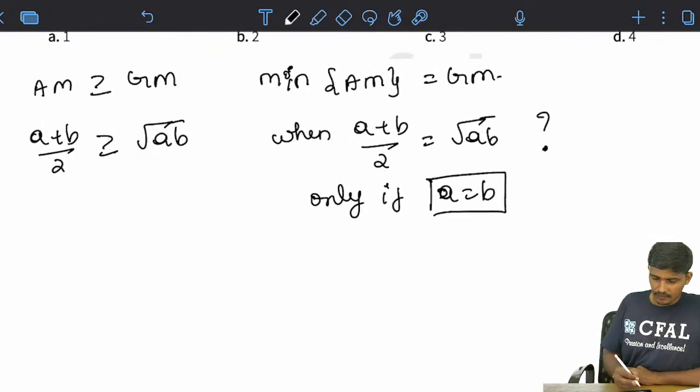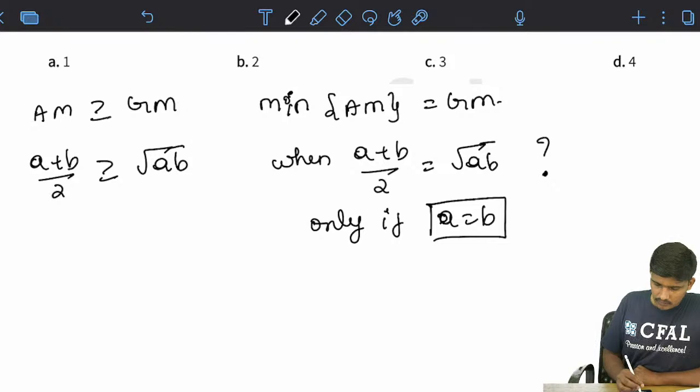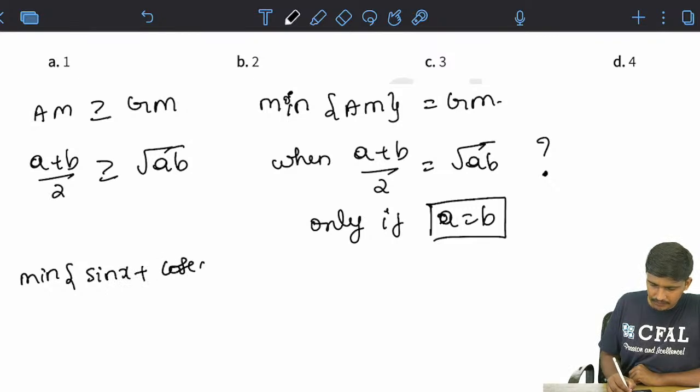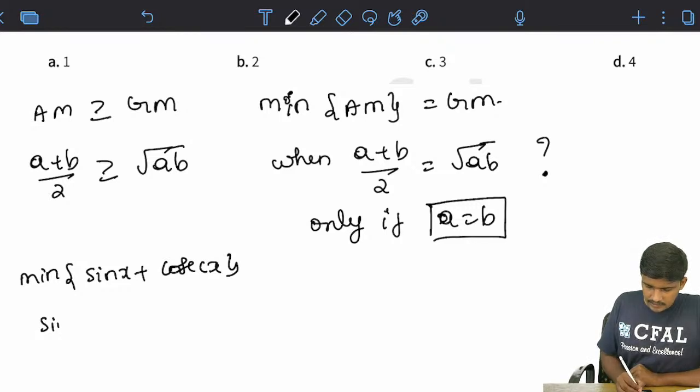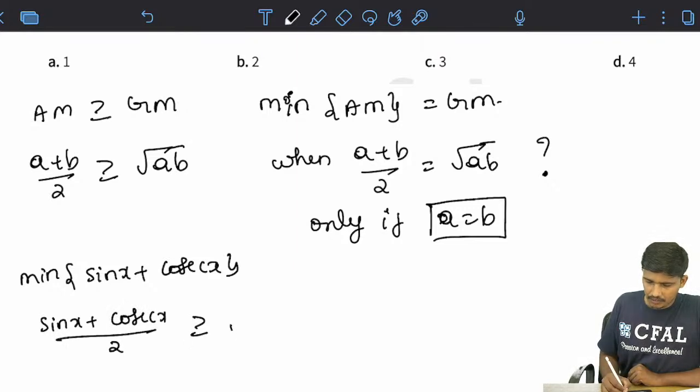So now let's see what is the minimum value of sin x plus cosecant x. Our aim is to calculate the minimum value of this particular expression. We know that sin x plus cosecant x divided by 2 is always greater than or equal to square root of sin x into cosecant x.